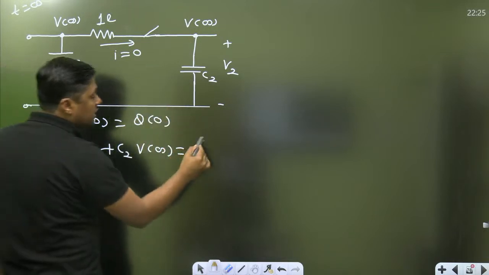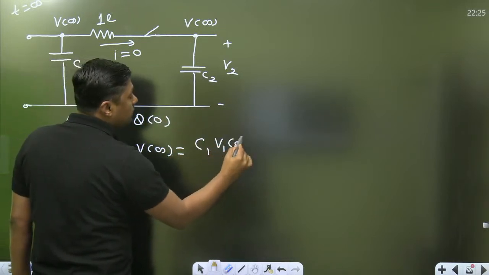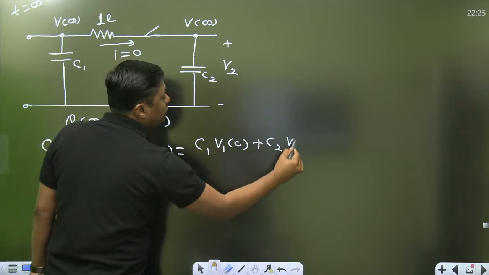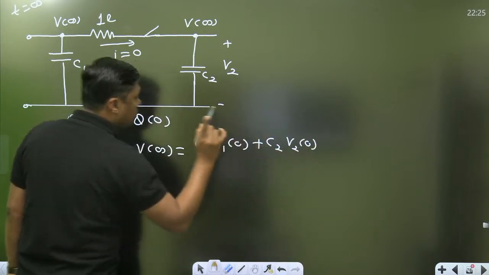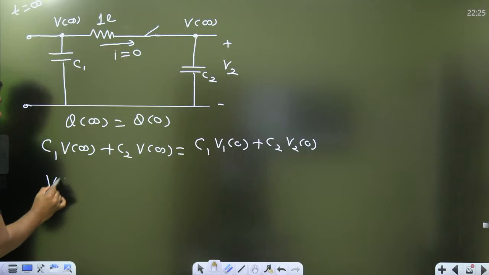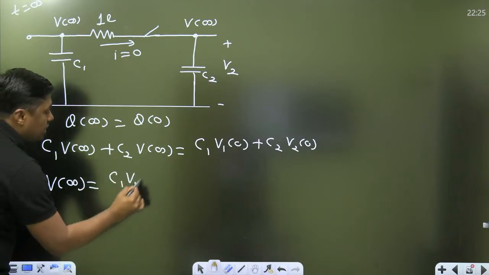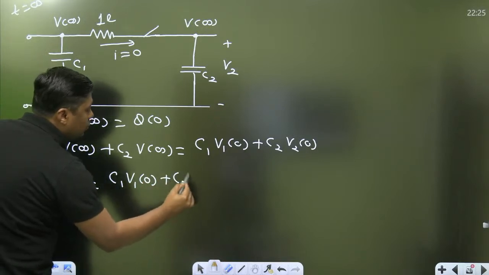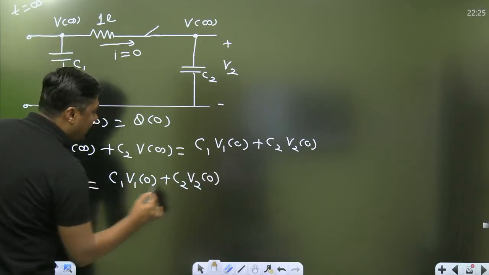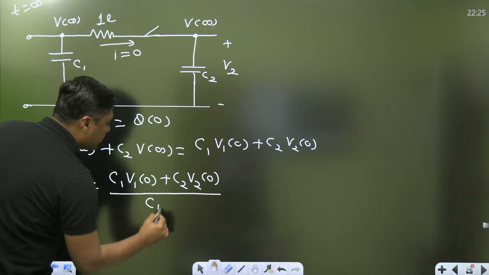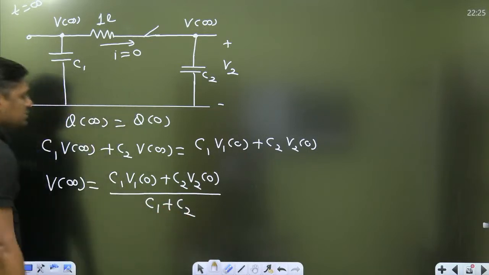What is the initial charge? C1 V10 plus C2 V20. So for this diagram, always remember the general formula. The infinite voltage is given by C1 V10 plus C2 V20, the initial values, upon C1 plus C2.